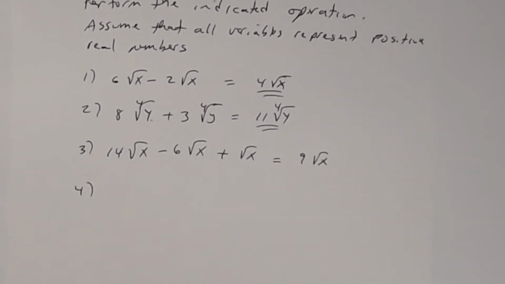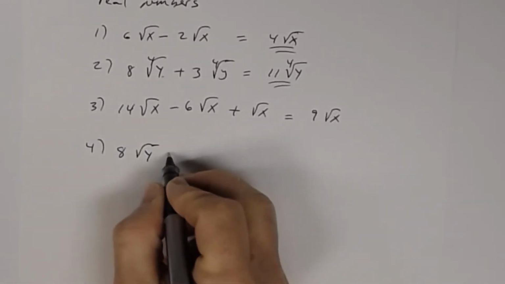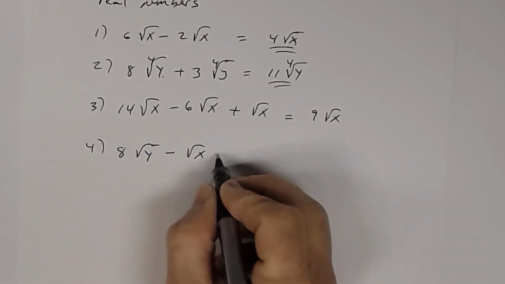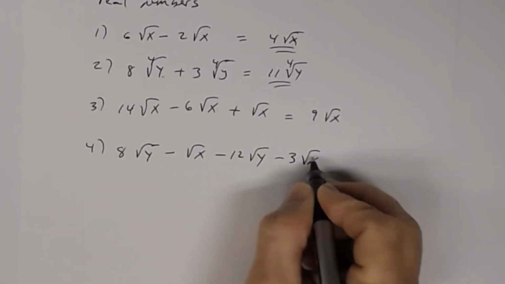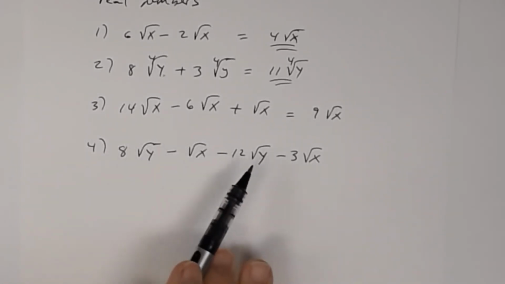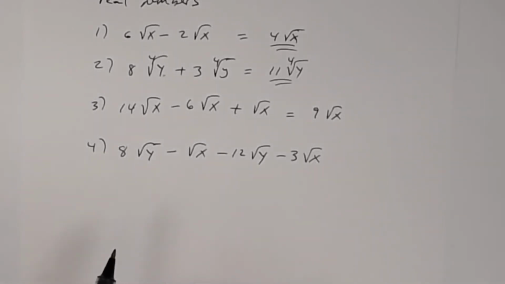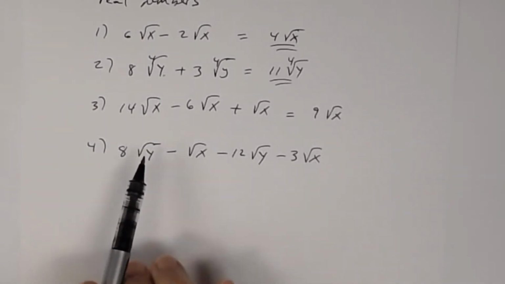Number 4, you have 8 square root of y minus square root of x minus 12 square root of y minus 3 square root of x. All right, so obviously you can tell that all 4 are not like terms. They all have square roots, right? But the radicands are different.